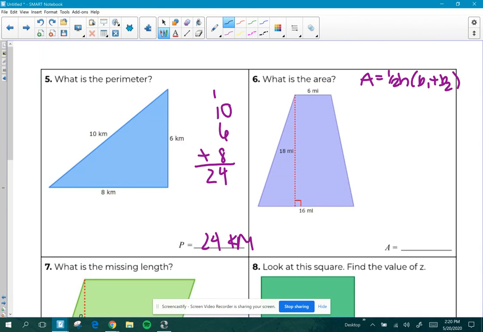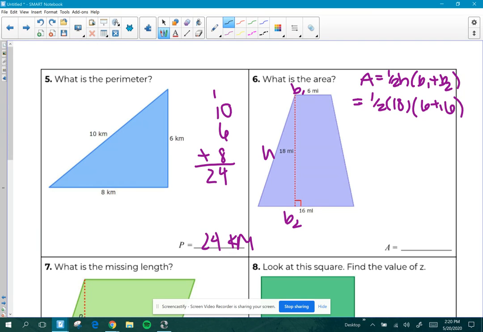I don't know why it won't let me make it smaller. So this is B1, this is B2. It doesn't matter which one's which. It just matters that you make the height, that's how tall it is, 18. Then I can plug in, and I get 1/2 times 18 times 6 plus 16.